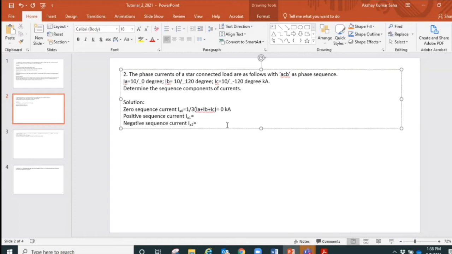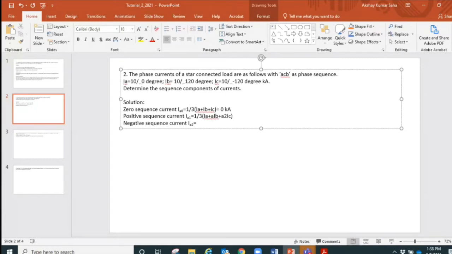For positive sequence current, it's the same formula that we used for voltage. It's the same thing for voltage and current. So it will be IA plus aIB plus a squared IC.